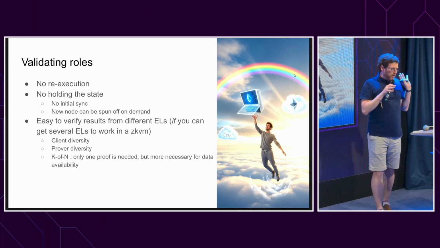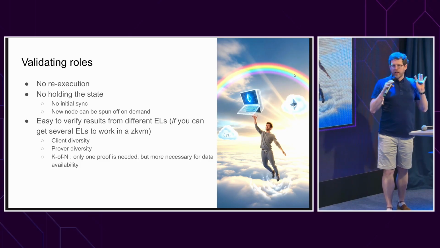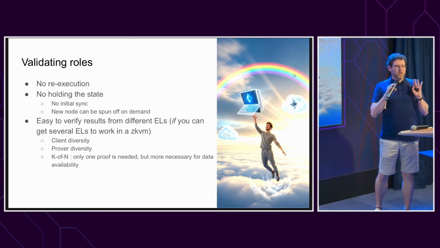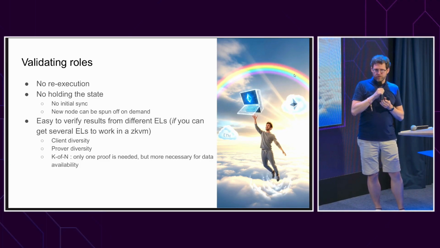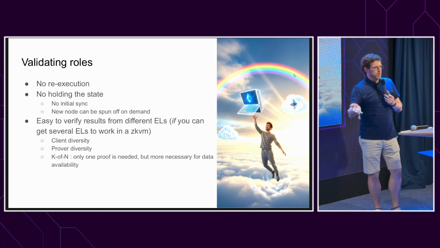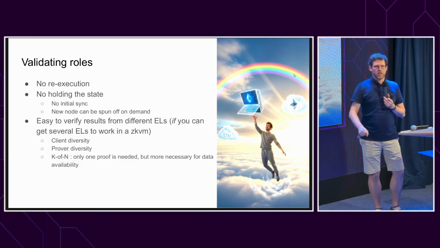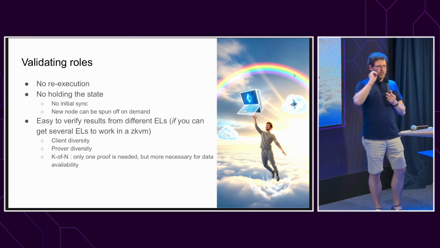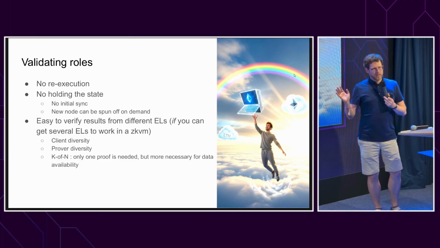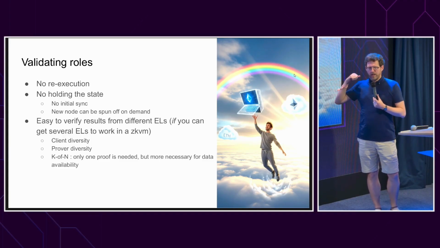So when you are a validator, it's great, right? You don't need to re-execute. You have the proof that the execution did exactly what you expected, so you can just take the new block, take the post-state root, and say, this is the new post-state root, this block is valid, I can accept it. I don't need to store any state.